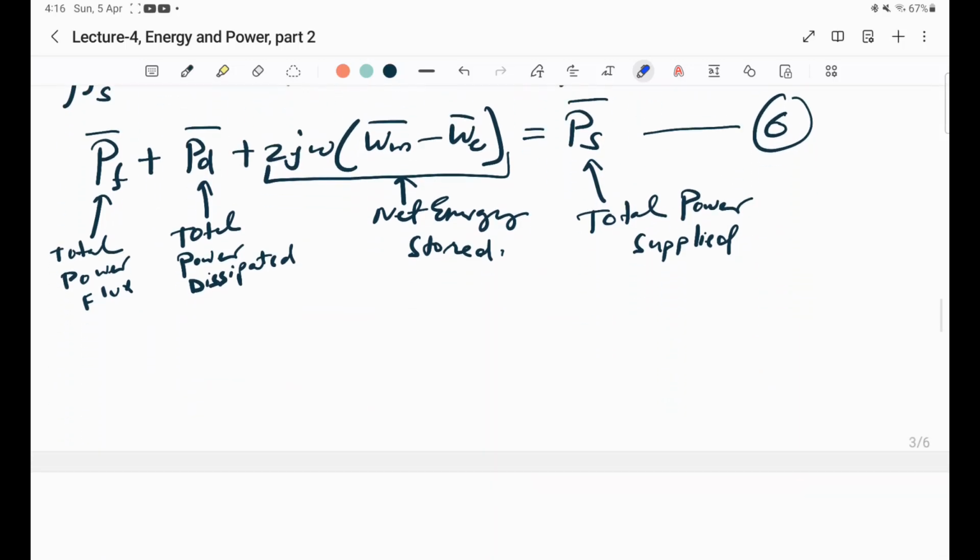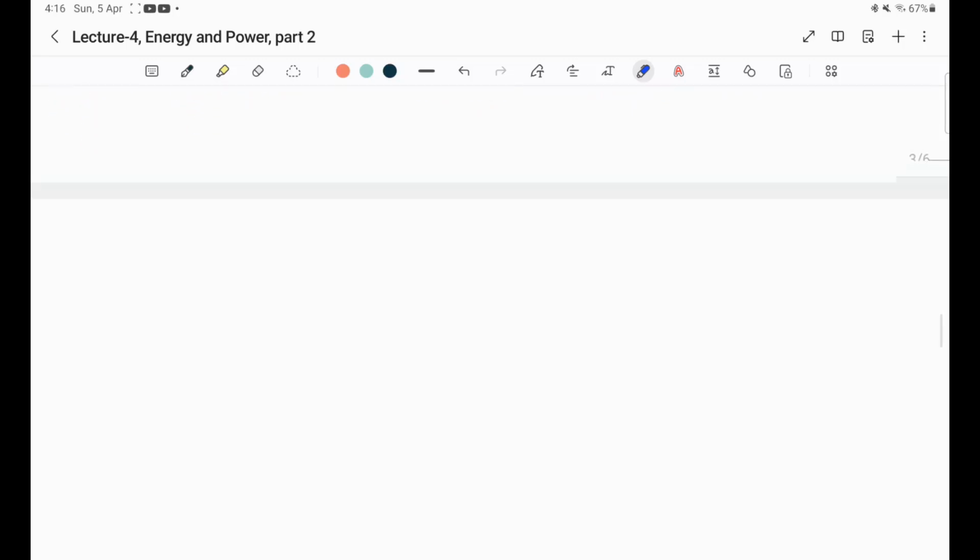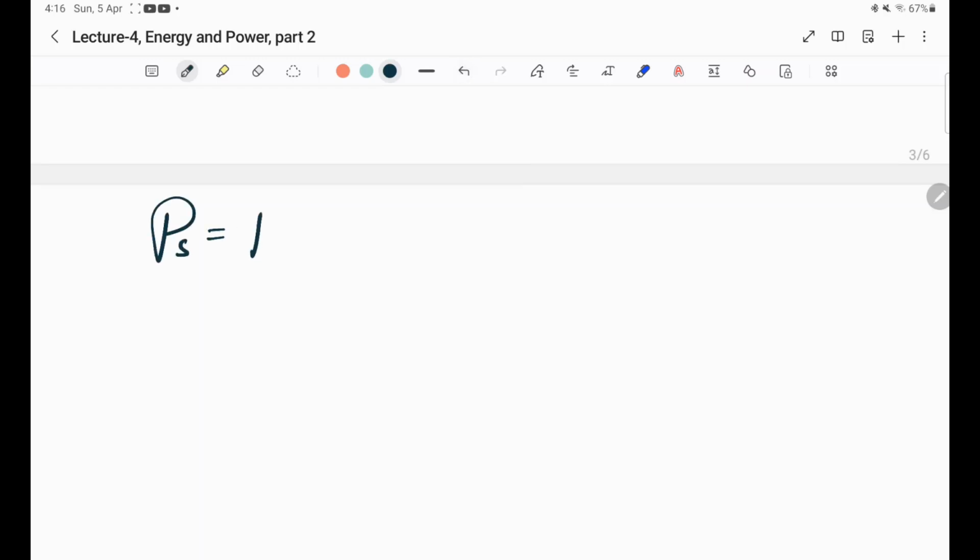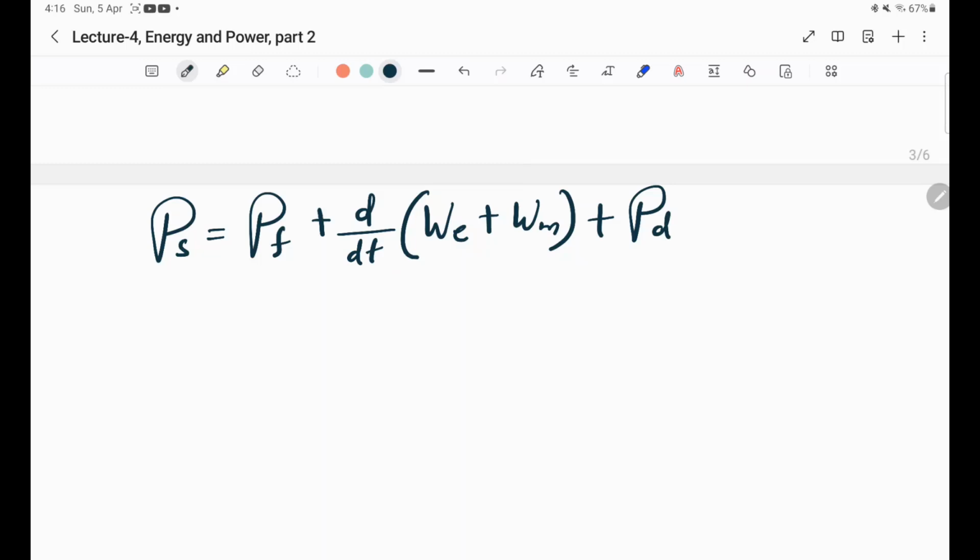Alright, so this is the right time to compare the equations from lecture number 4 part 1 and part 2. So in part 1 we have derived Ps is equals to Pf plus d by dt of We plus Wm plus Pd, and this was called the conservation of power equation for instantaneous fields.